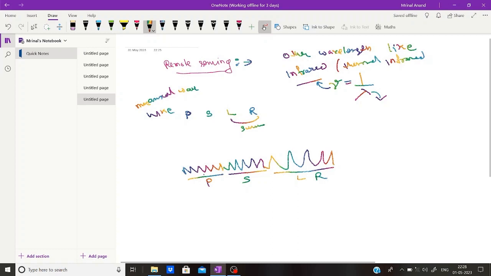Here you can see the frequency is very high in the case of the mechanical waves P and S. So they can cause less destruction because their wavelength is less, while the Love wave has a high wavelength.